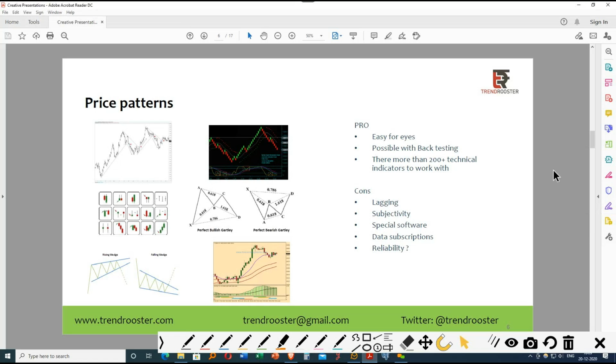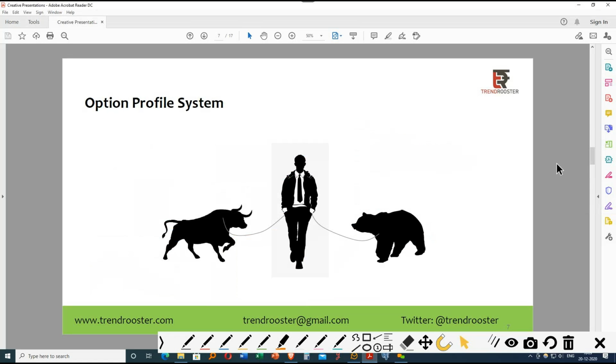Now let's look at the option profile system. So what is the option profile system? We're not going to predict anything, so a very big learning curve is stopped right there. We're not going to predict the market. With an option profile system, you can control the bull environment and also the bear environment.